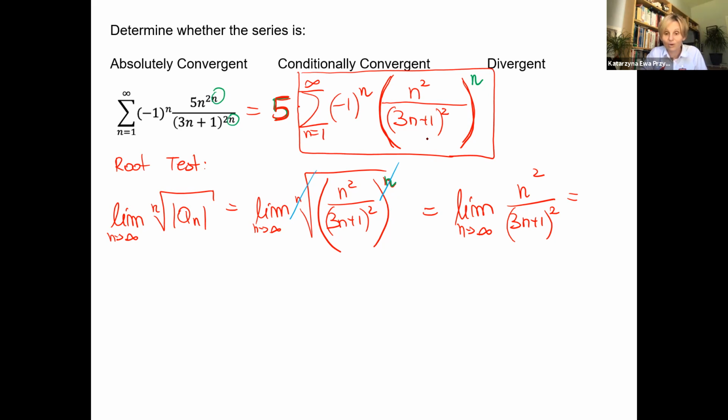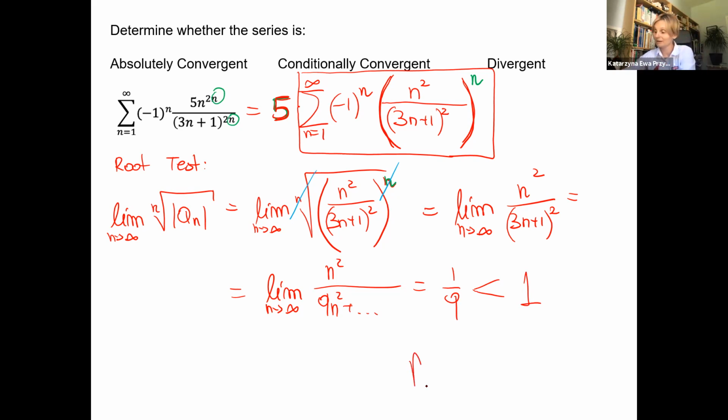Okay, 1/3. Oh, okay, Eric. Can everybody see what Eric typed? Because when we do the expanded form, this one will become 9n squared. 1/9, the number is less than 1. Yes, the original series is absolutely convergent by root test.